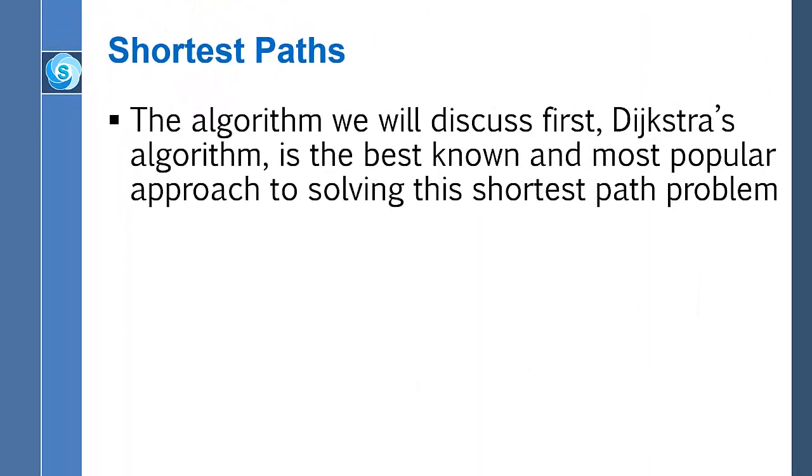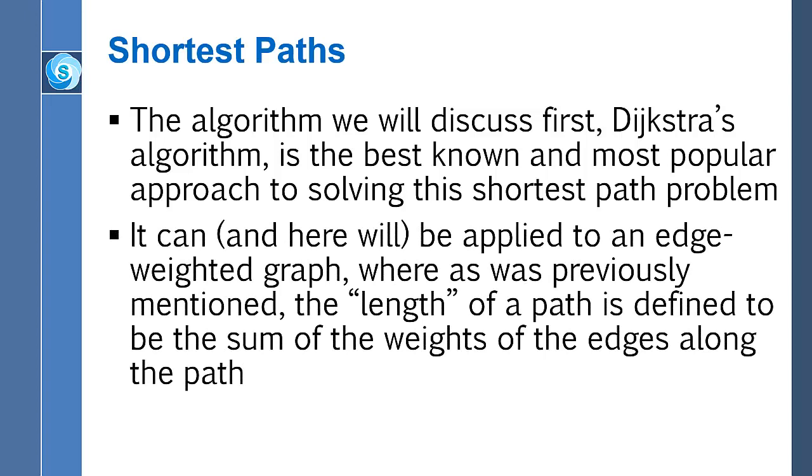Let's start talking about Dijkstra's algorithm. As I mentioned, we're going to apply Dijkstra's algorithm to an edge-weighted graph. We're going to think of the weights of the edges as conveying a sense of distance between vertices along that edge, okay? And paths we'll think of as having lengths.